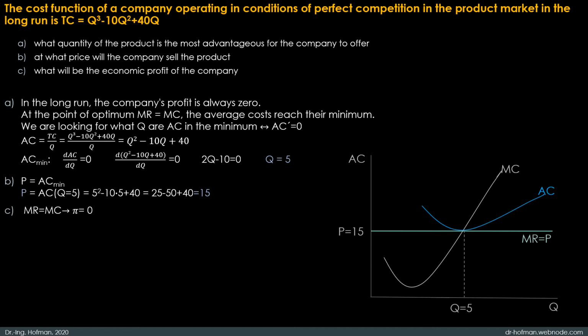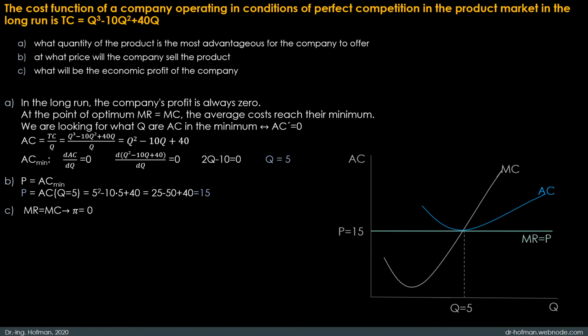Again, in the optimum, MC equals MR, so the marginal costs are the same as marginal revenues. The derivative of average cost according to Q should be 2Q minus 10.